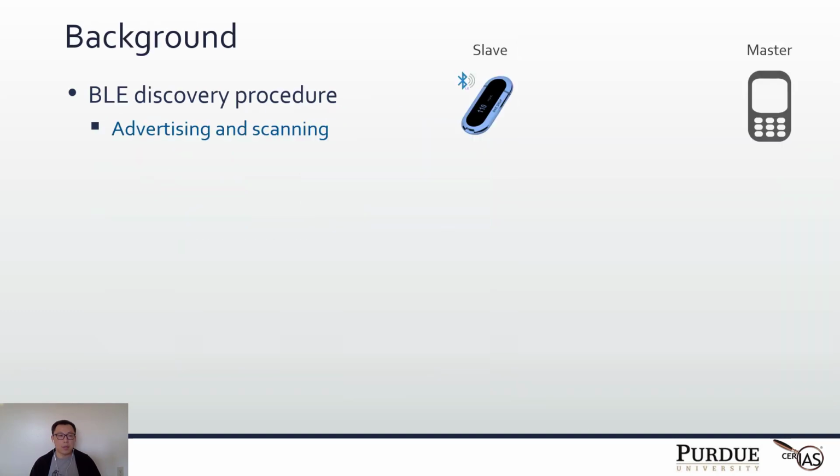To communicate with each other, BLE devices need to first discover each other. BLE uses an advertising and scanning mechanism to discover each other. Specifically, the slave BLE devices keep broadcasting advertising messages, and the master BLE devices, such as a smartphone, scan for the advertising message and send a connect request to the slave to set up a connection.